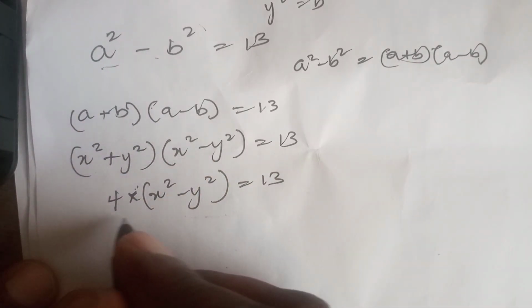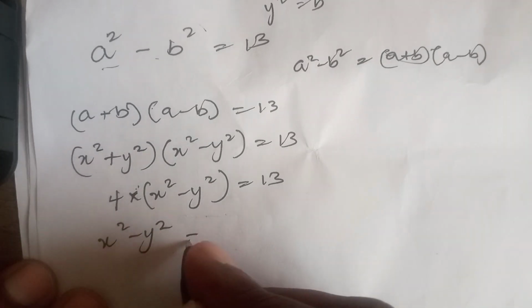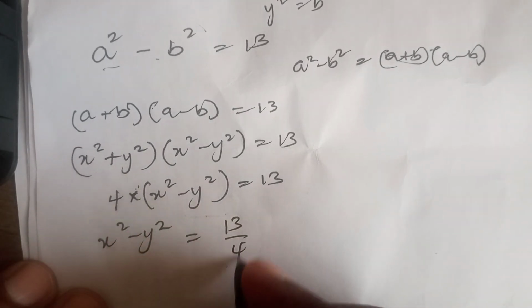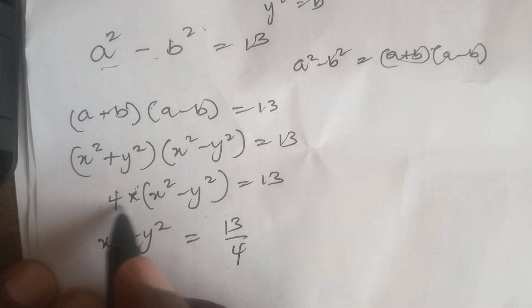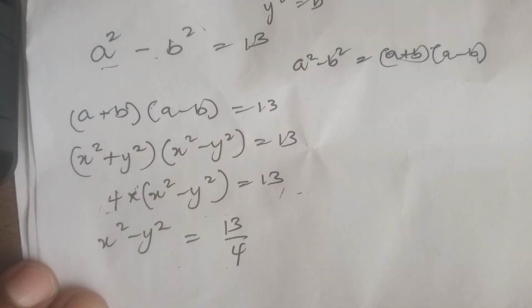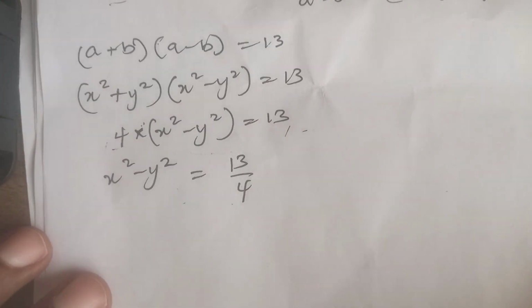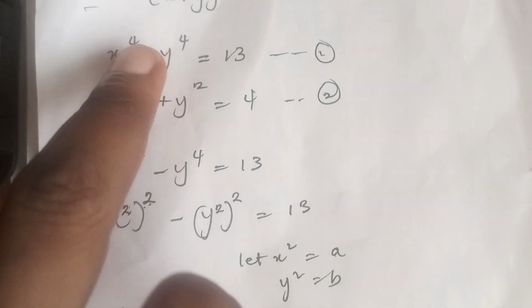When we make this the subject, we have x squared minus y squared equals 13 over 4. It means we divide both sides by 4, since 4 is the coefficient of this. Now, what's the next step after this? Remember we have x raised to power 4 minus y raised to power 4 equals 13, but we have x squared here.